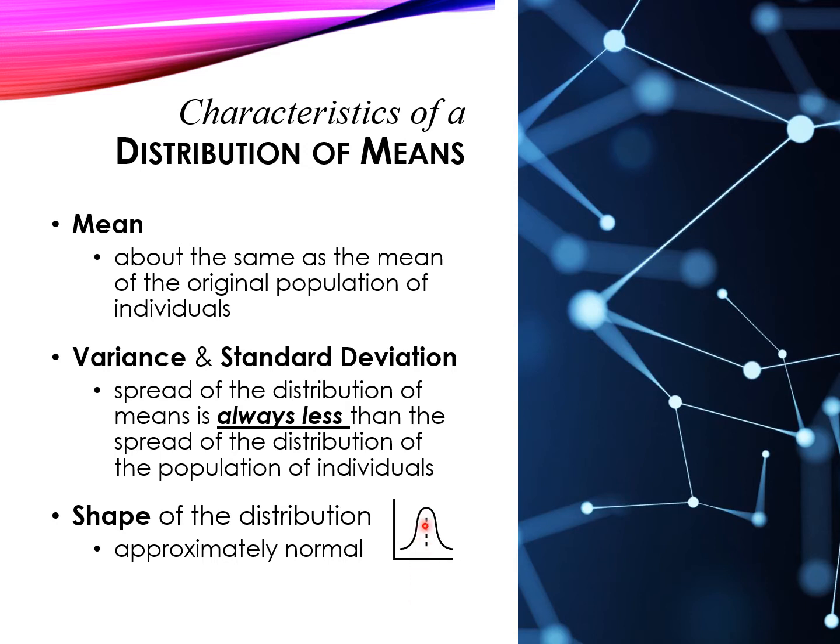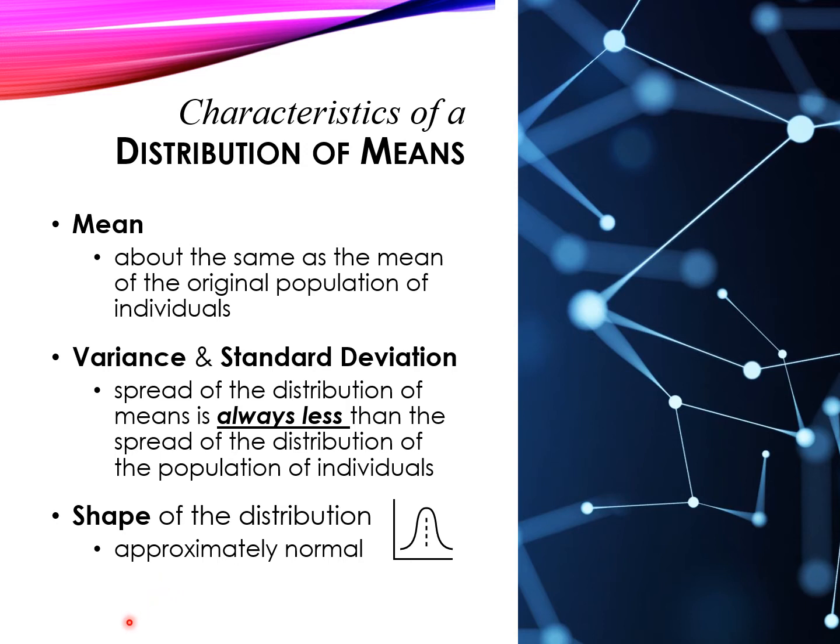The difference between a normal distribution of individual scores and the distribution of means of a bunch of samples is that the spread of the distribution of means is always less than the spread of the distribution of the population of individuals.